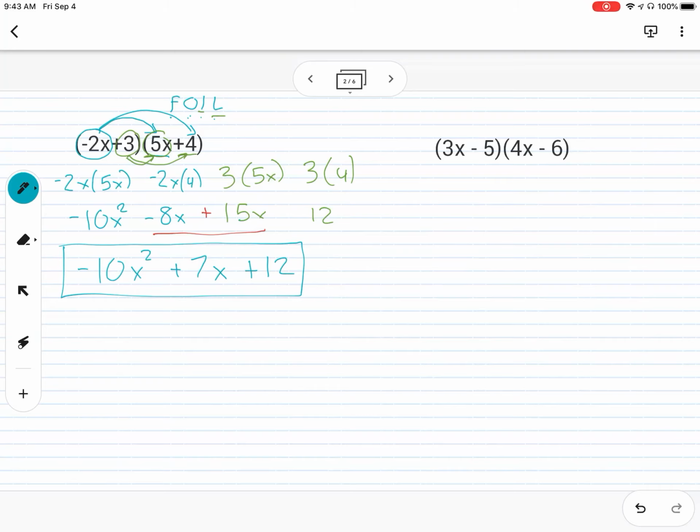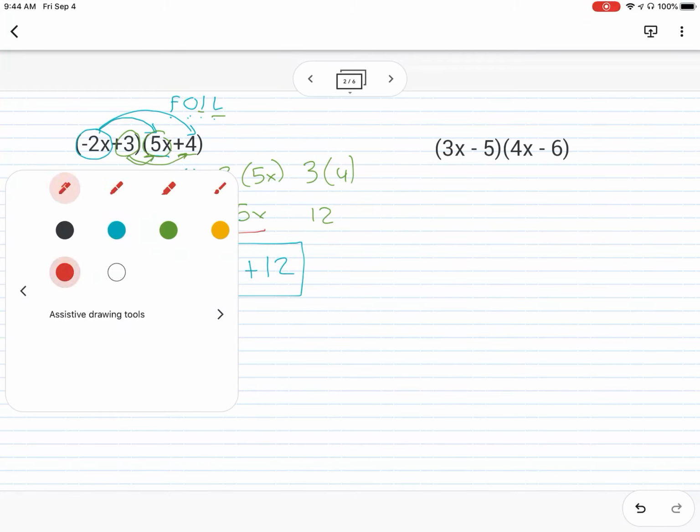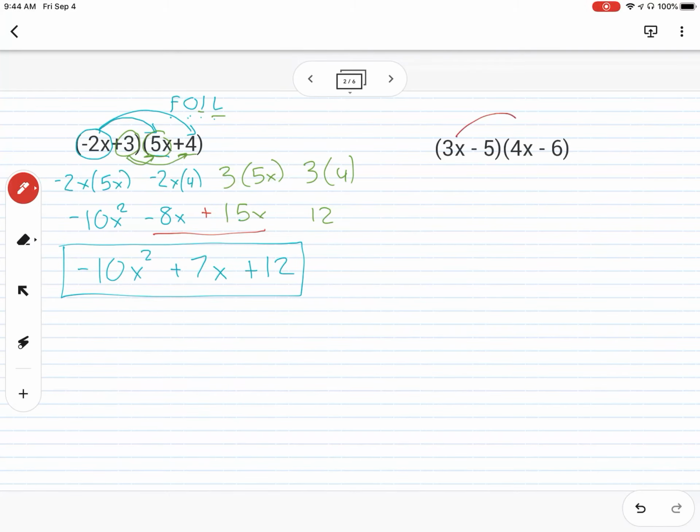And that's your answer. So double distribute the first term to these two, distribute the second term to those two. Combine your like terms, final answer. Right. So for this one, I'll do 3x times 4x, which is 12x squared. 3x times negative 6 would be negative 18x.